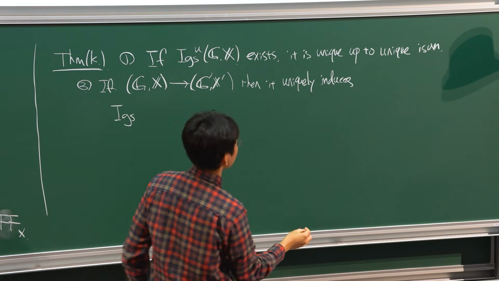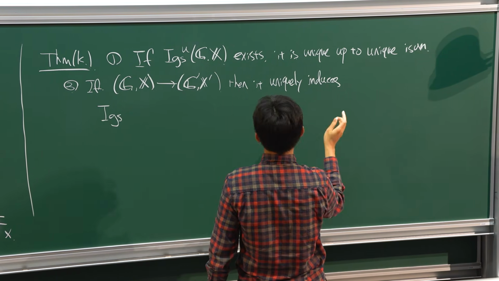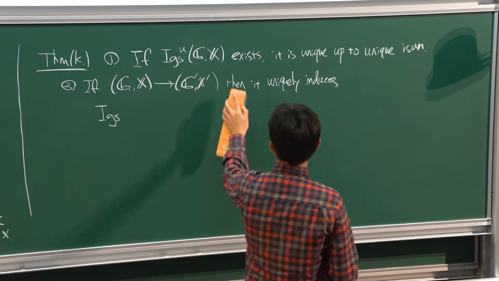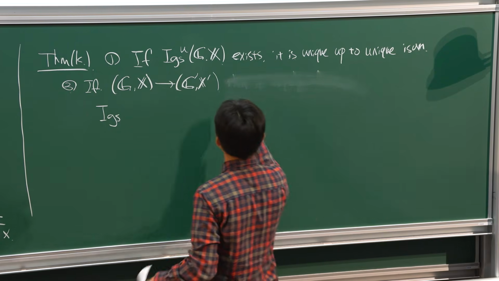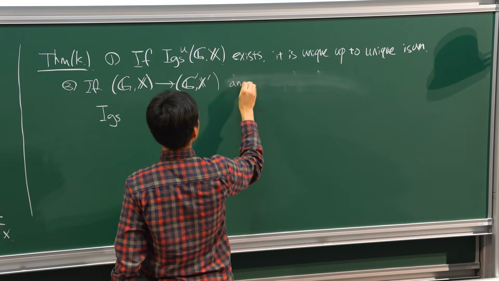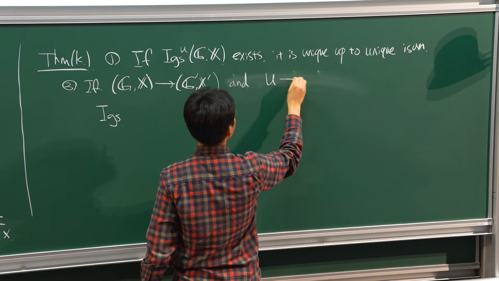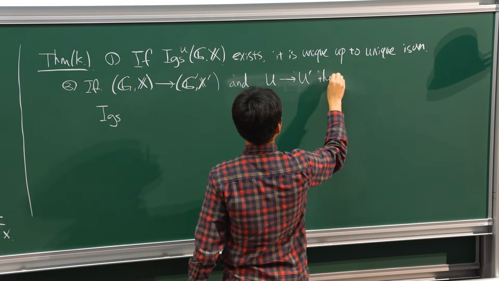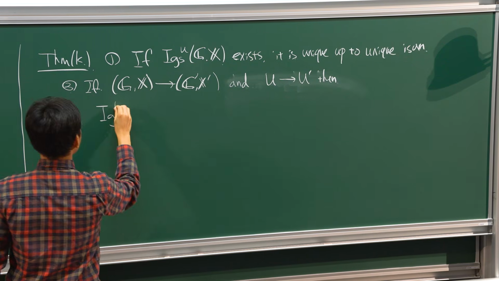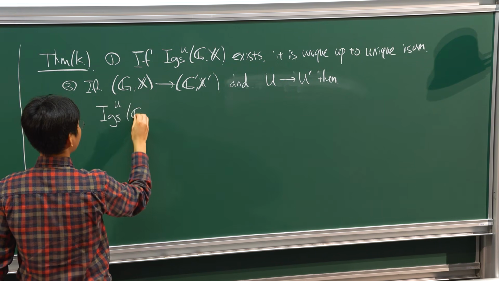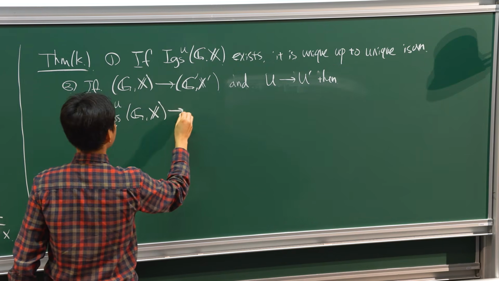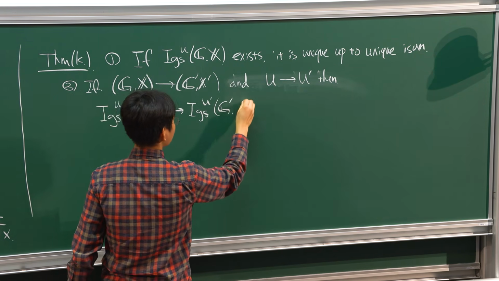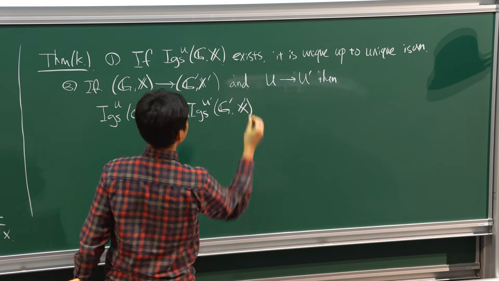Sorry, I have a U, so I also need to put in that condition: under the natural map between Shimura varieties, if U maps to U', then this would map to that. Of course, assuming that these things exist.